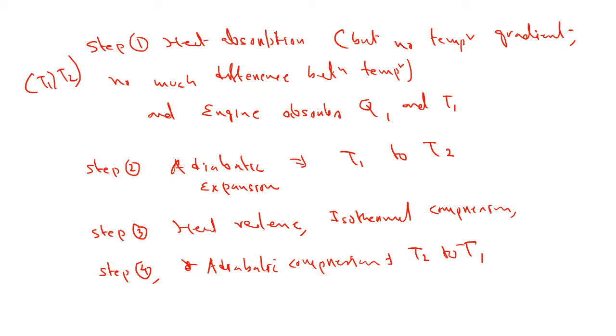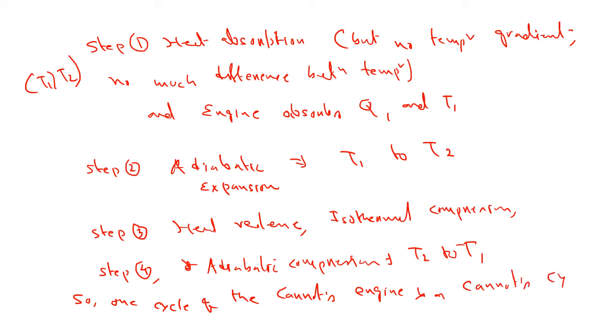So these are the 4 steps needed to get the Carnot cycle, or the 100% efficient engine. All these 4 steps together make one cycle, and we can say that this is the Carnot cycle. So one cycle of the Carnot engine is a Carnot cycle.